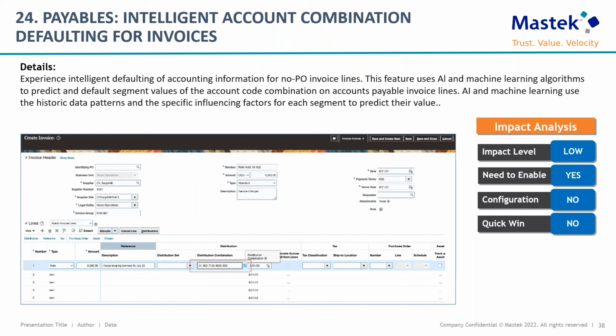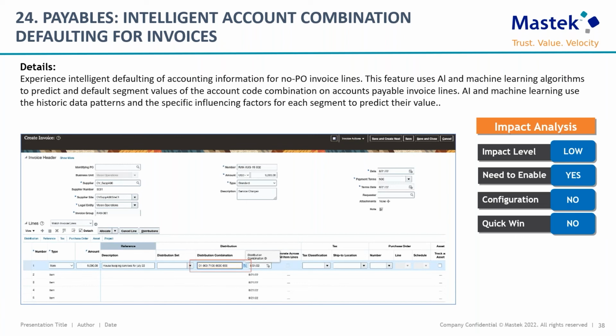These are not enabled directly, or they can't be chosen or opted in via the normal route. For such features you need to raise an Oracle SR and request an early adopter's code to access the feature. The first feature in this suite of features would be intelligent account combination defaulting for AP invoices.